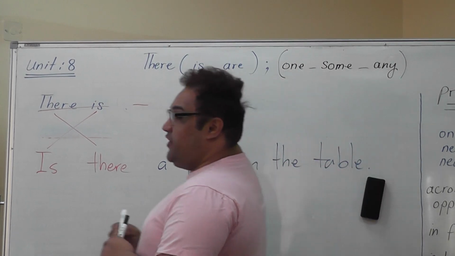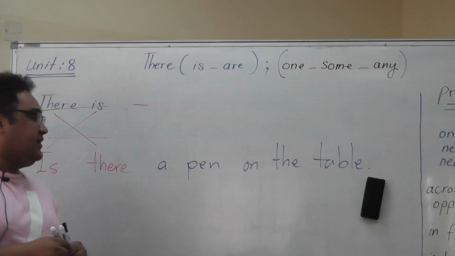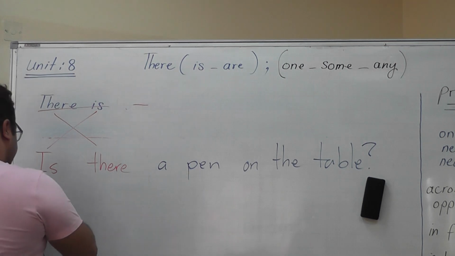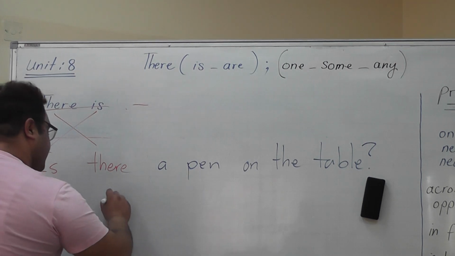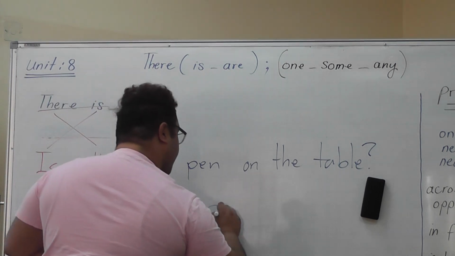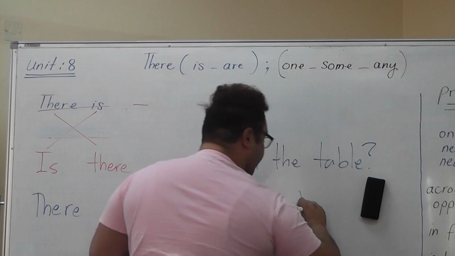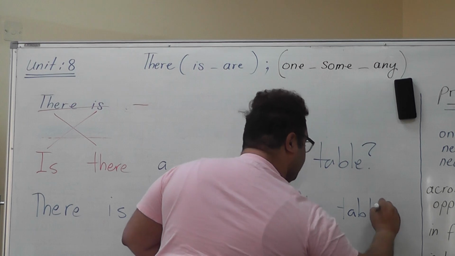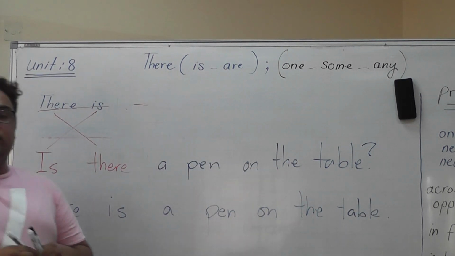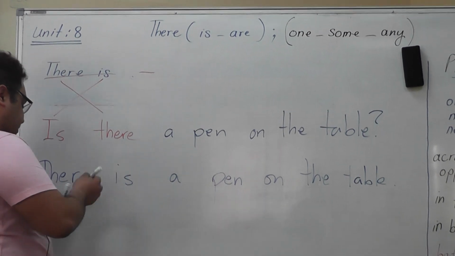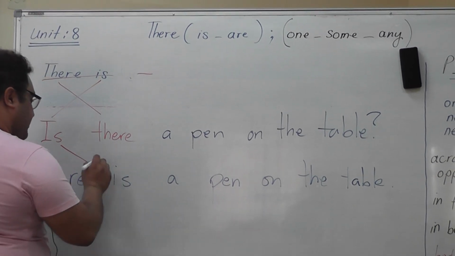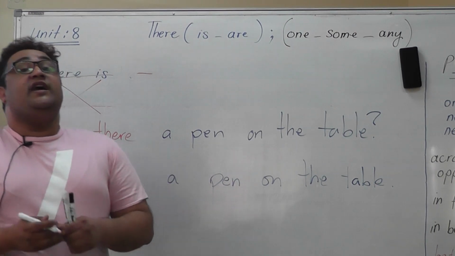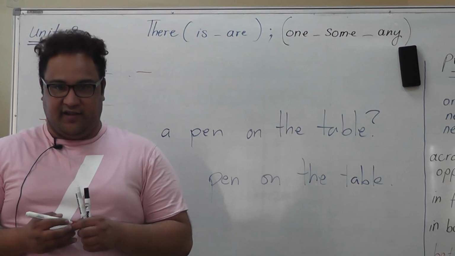So what was our first example? Our first example was there is a pen on the table. So it's very easy. There is a pen on the table. Make it into a question. Is there a pen on the table?